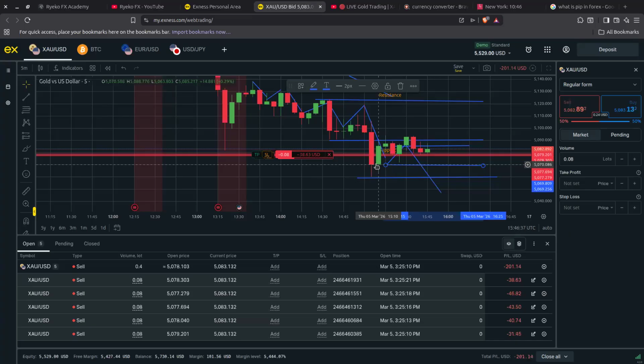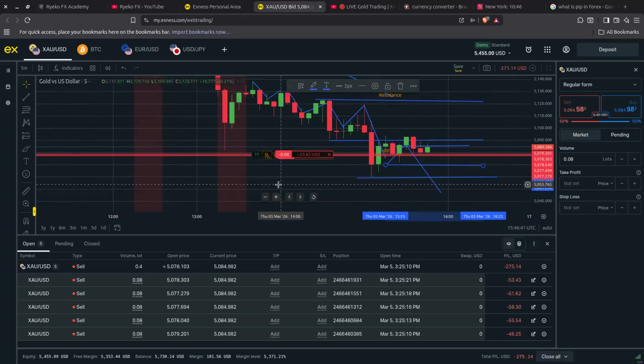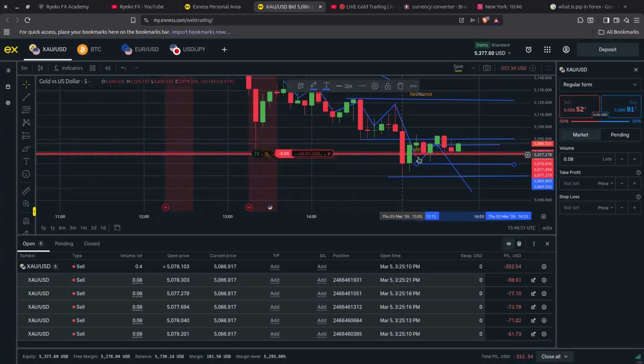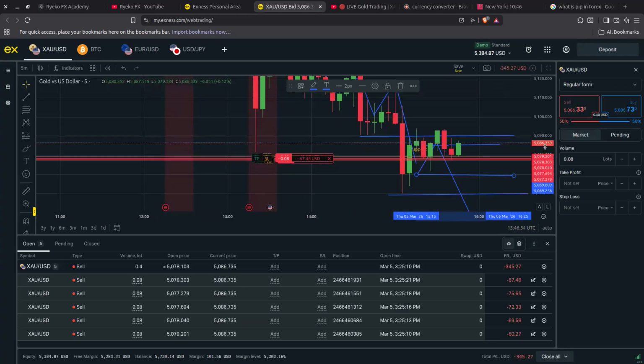But we have to make sure that if it goes down, we close. Why? Because we took the trade at a fair value gap. Let's hope that it goes down.